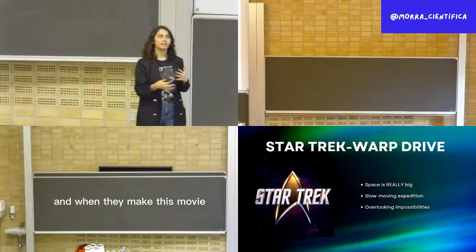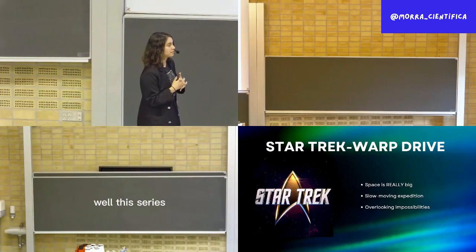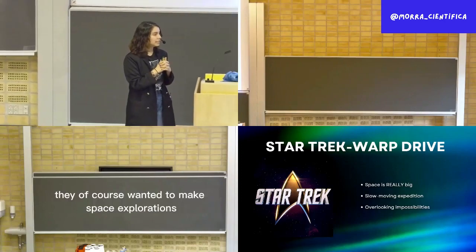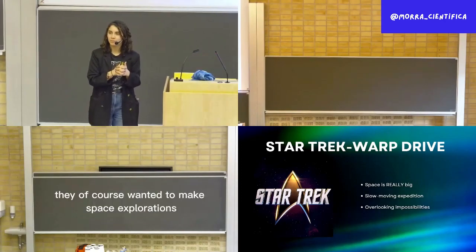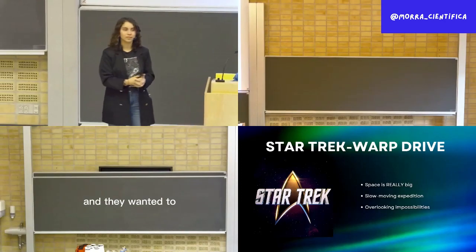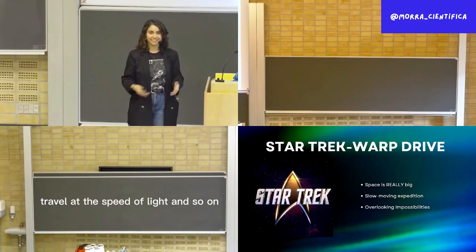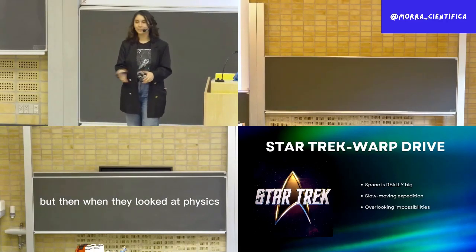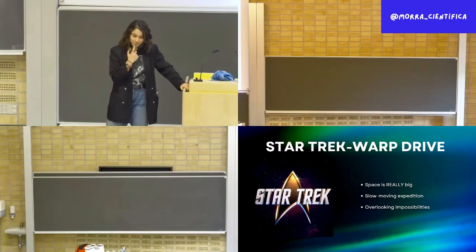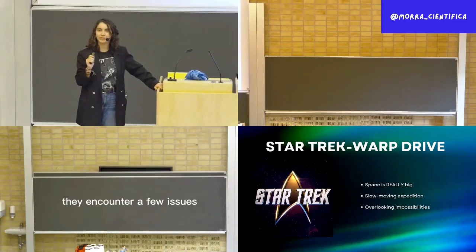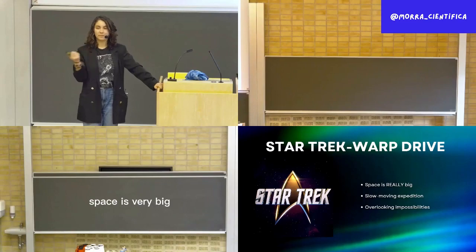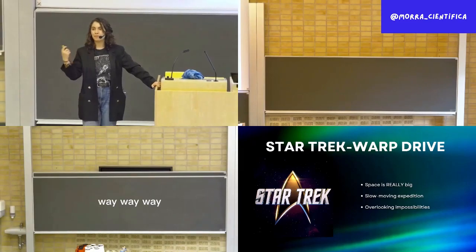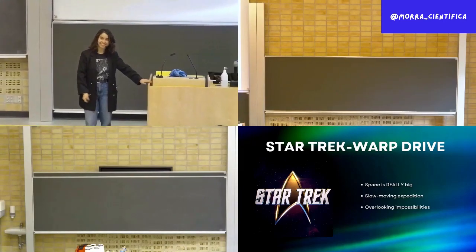And when they made this series, of course they wanted to do space exploration, and they wanted to travel at the speed of light and so on. But then when they looked at physics, they encountered a few issues. The first one: space is very big, way, way, way bigger than they thought.